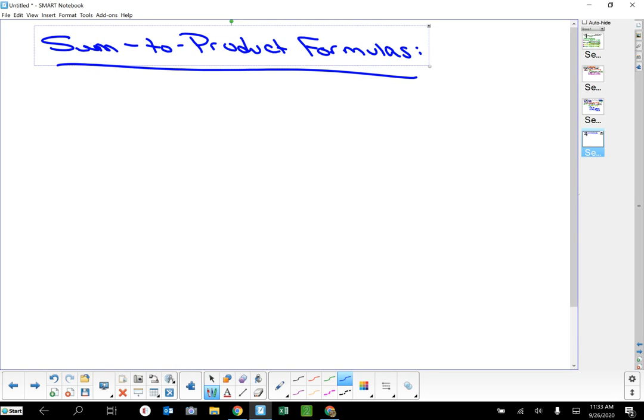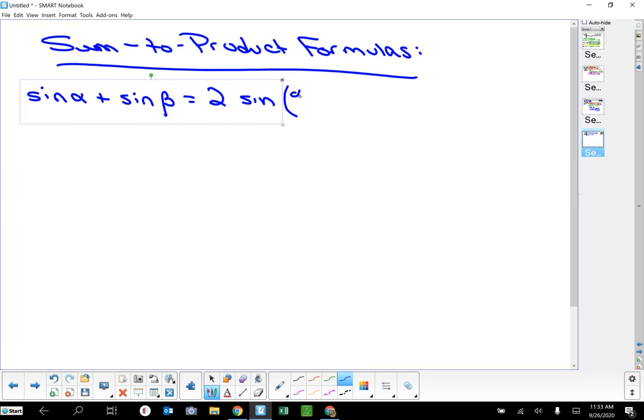All right, these guys, there's 4 of these also, and they're similar. This one is sine alpha plus sine beta, and it looks like 2 sine alpha plus beta over 2 cosine alpha minus beta over 2.